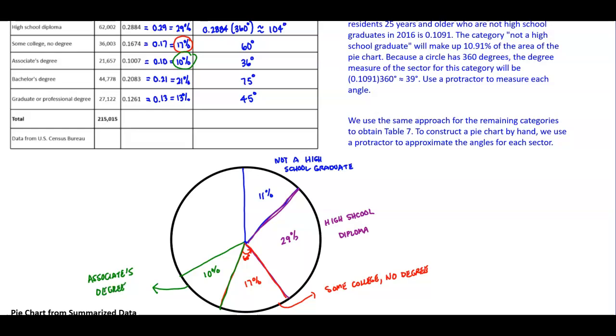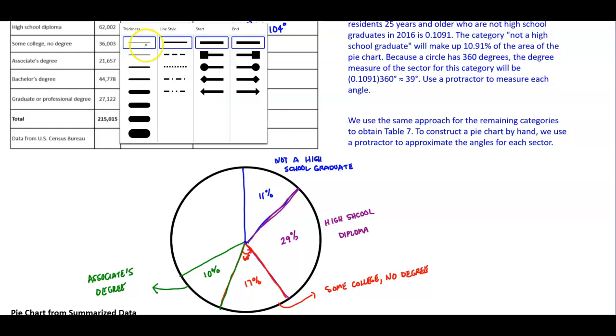Okay, next we're going to move to the bachelor's degree. And what does the bachelor's degree tell us? Well, the bachelor's degree tells us that we have 21%. So we're going to use 21% here.